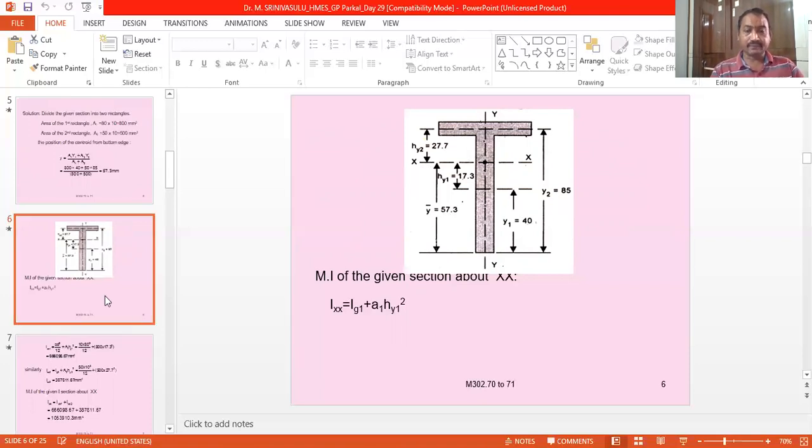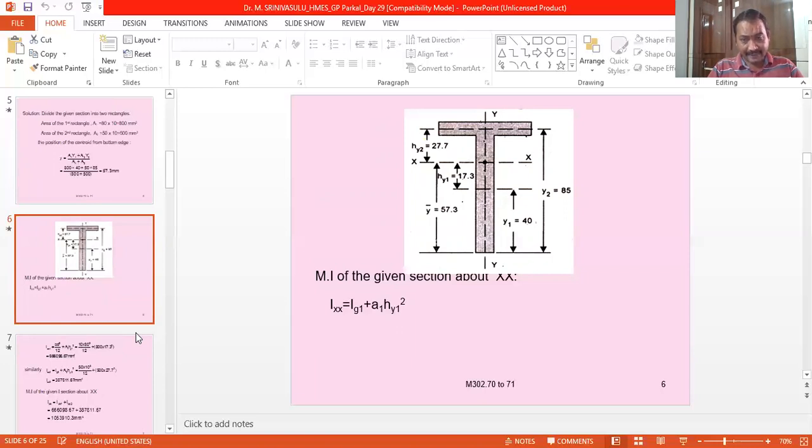Now coming to the moment of inertia of the given section about xx. So Ixx is equal to, because we got two rectangles, Ixx of rectangle 1 plus Ixx of rectangle 2.